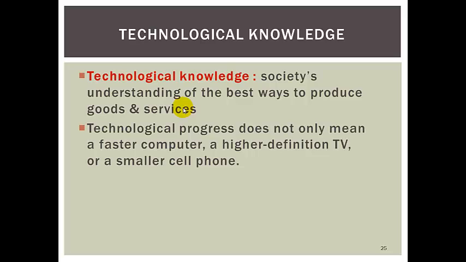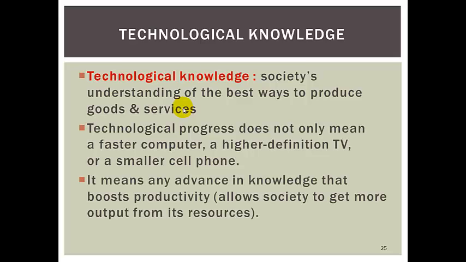So technological progress does not only mean that we have a faster computer, a higher definition TV, or a smaller cell phone. It means any advance in knowledge that boosts productivity, that allows society to get more output from its resources. It's our know-how, it's our technology, it's our ability to recognize the most efficient ways to produce goods and services.